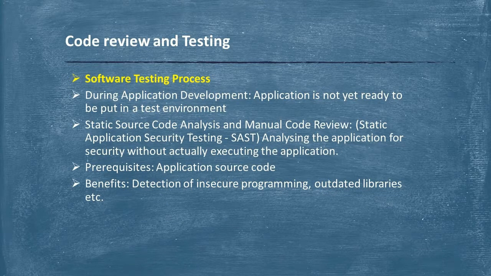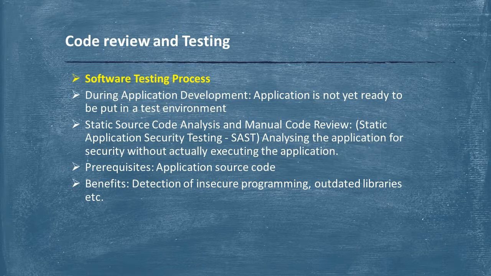During the development stage, the coders are performing the coding. The application is not yet ready. So every phase, earlier we reviewed the design to find any faults or errors.